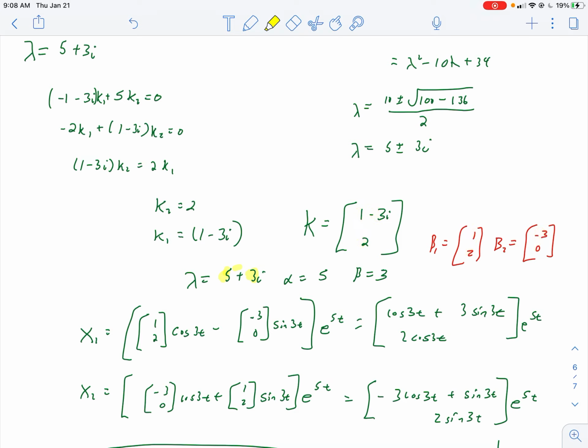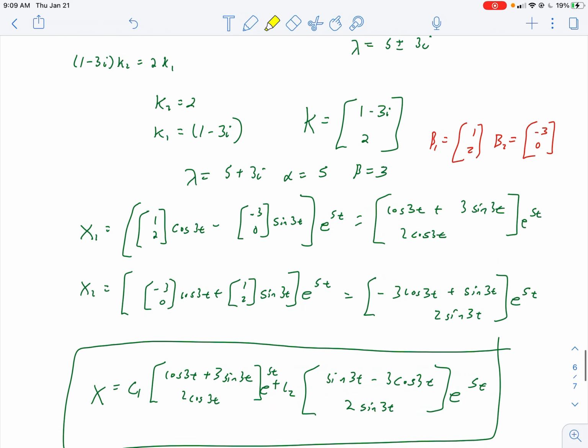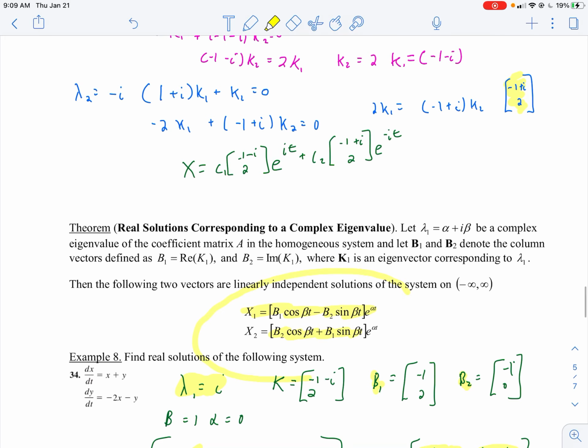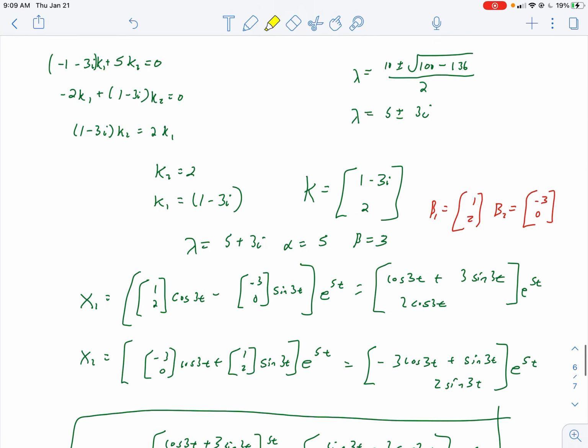Now that I have my b sub 1, b sub 2, and my alpha and my beta, now I can just go ahead and solve this. We just substitute into our formula right there. There's really no math, it's just substituting in.